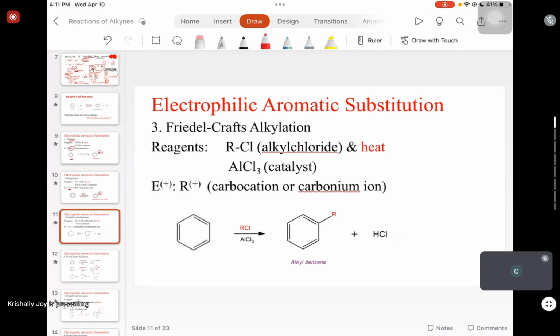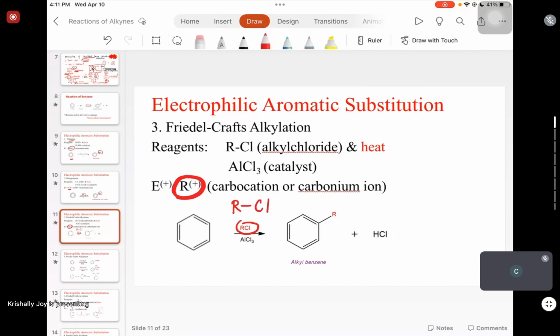Next, alkylation. In alkylation, only the R group is substituted in the benzene ring. You will need an alkyl halide as the reagent, the source of the alkyl group substituted onto the benzene ring. So just remove the chloride group and replace it with the benzene ring. Only the R group is being substituted.